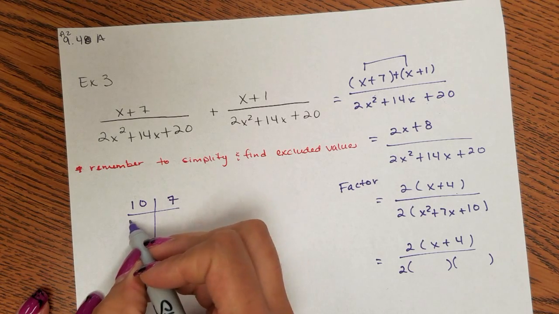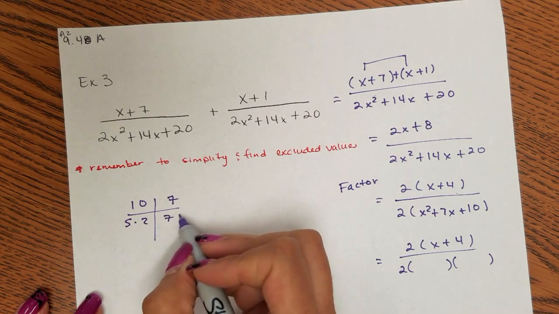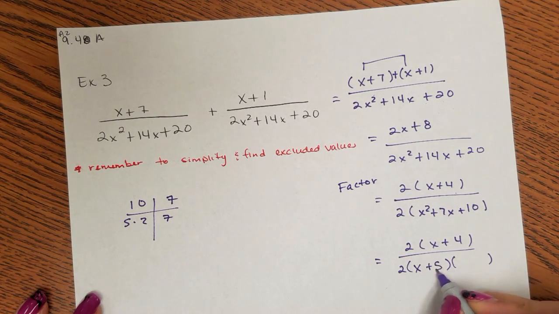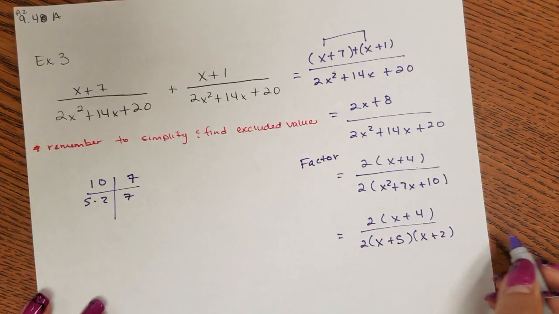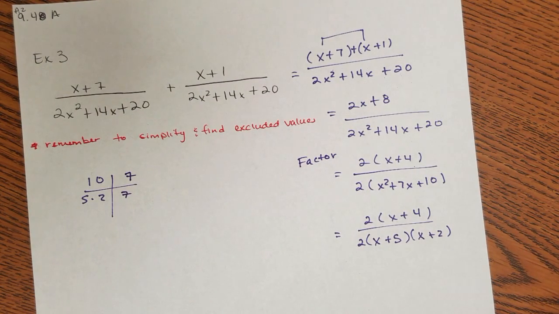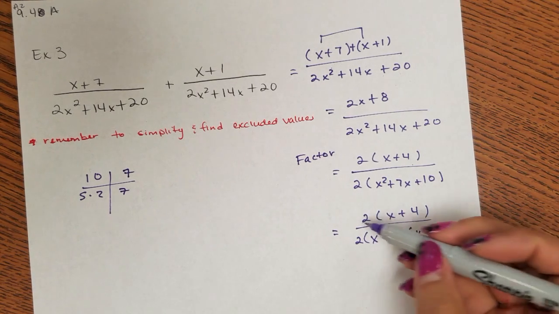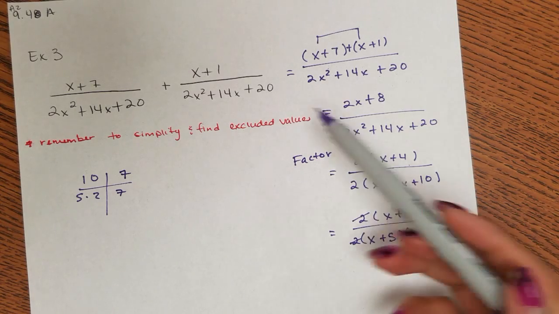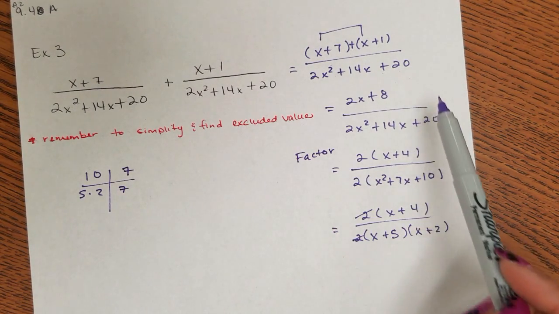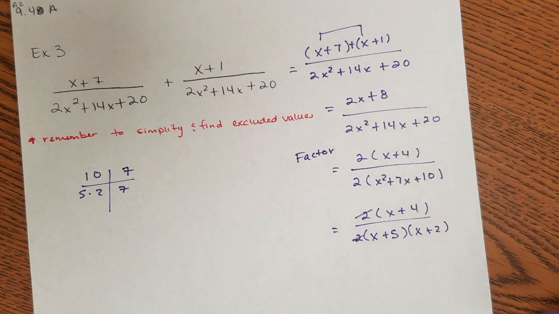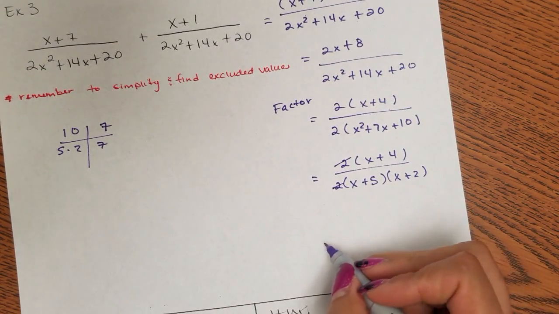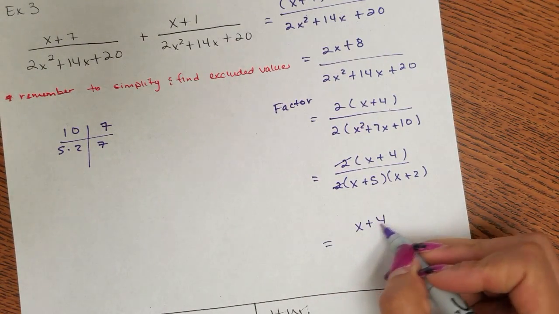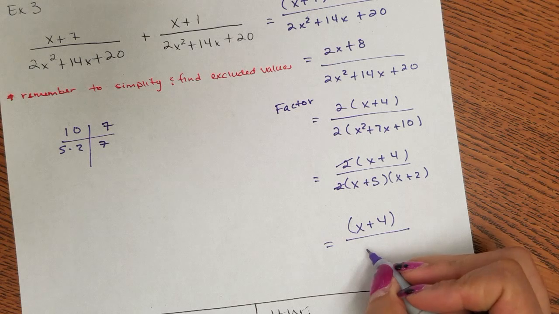That sums to 7, so that's going to be 5 times 2. So that's x plus 5, x plus 2 here. And that's it. Okay, so we know that the 2's are going to simplify, and that's it here. Did I add those right? Let's see, 2x plus 8, yeah, okay. So then that's your answer, and I'm not going to ask you to FOIL or anything, guys. You can leave your answers in factored form.